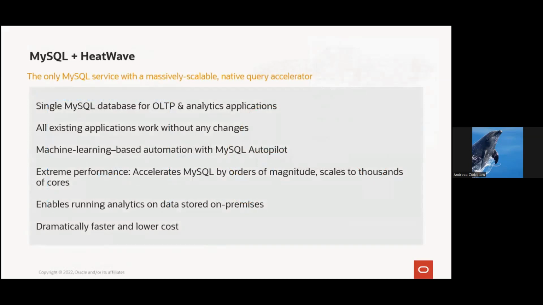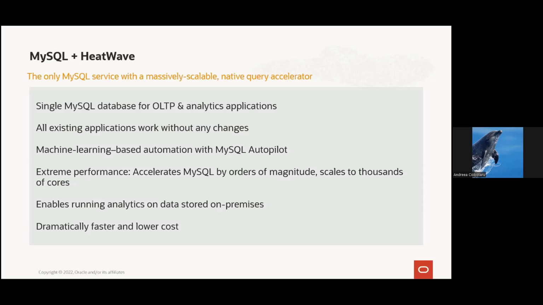All right. So now to summarize, we have this MySQL database service with the HeatWave option, with the HeatWave query accelerator. The whole idea is to have a single MySQL database that you can use for both your OLTP and your OLAP applications. In order to enable this, you do not have to make any changes to your application.